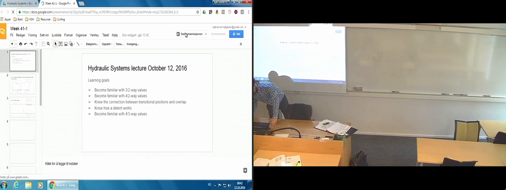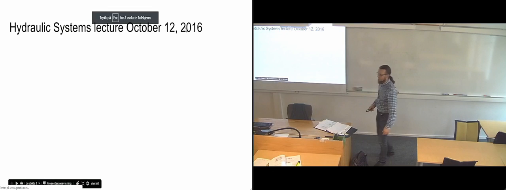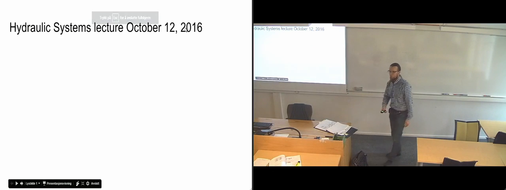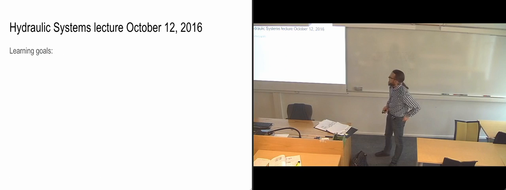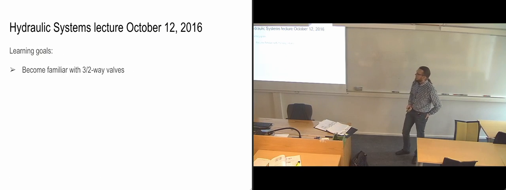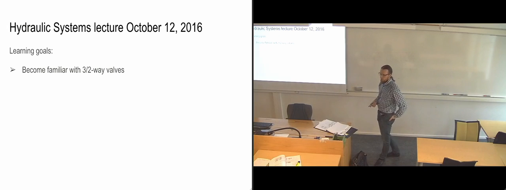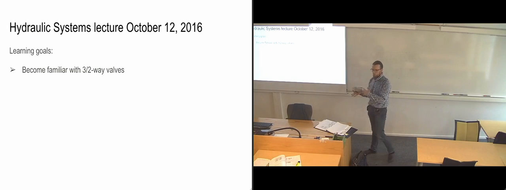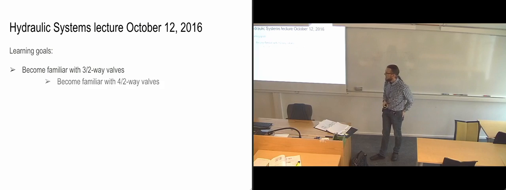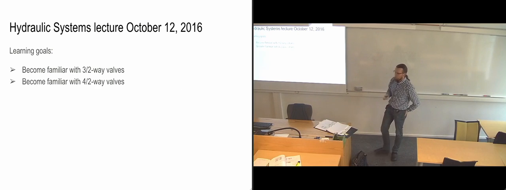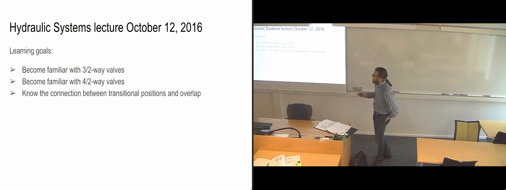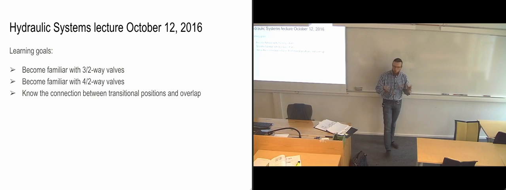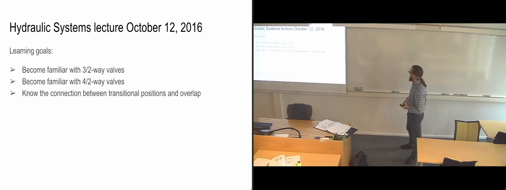So then we'll start on today's lecture, which we have no hope of finishing today, but we'll at least start on it, and we'll continue on Friday. This lecture is to become more familiar with 3 two-way valves. We started on them in the previous one, and we're going to look a bit more at 3 two-way valves. Then we're going to look at 4 two-way valves. And we're going to learn about the connection between the transitional positions and overlap.